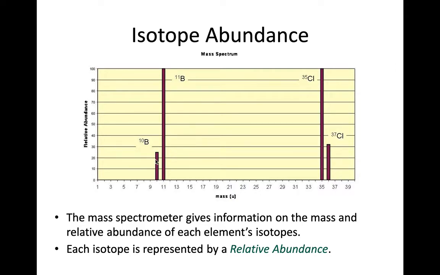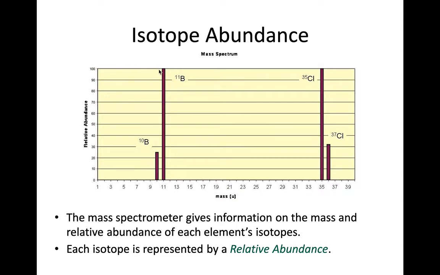Oh, one other important note. Remember that when we're calculating the average mass, we take the relative abundance times the mass. So the relative abundance, written as a decimal, not a percent, times the mass of this first isotope plus the relative abundance as a decimal times the mass of this second isotope, and then we just add them together. We wouldn't have to divide by 2 here because we've already accounted for the abundance.